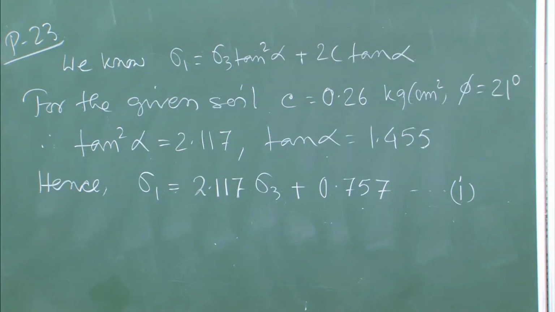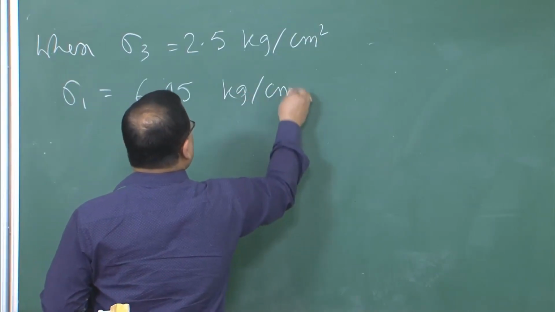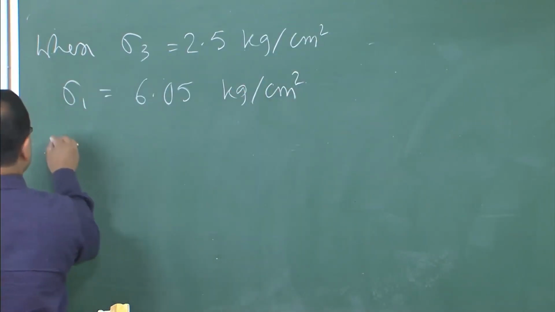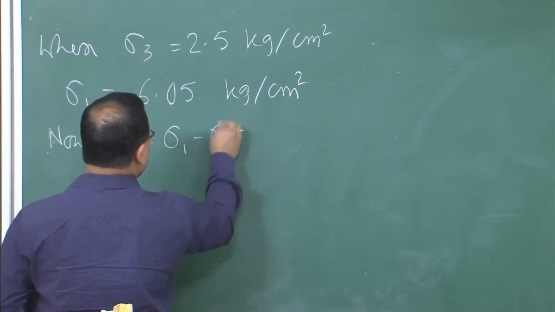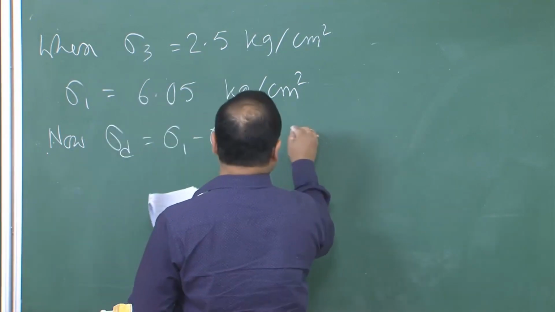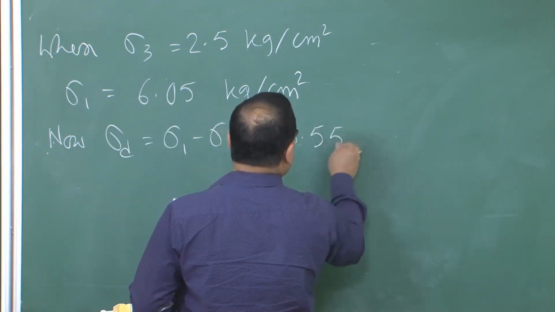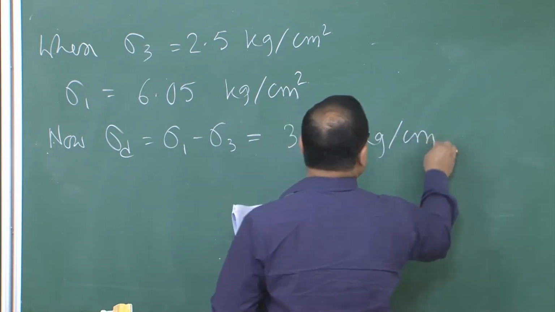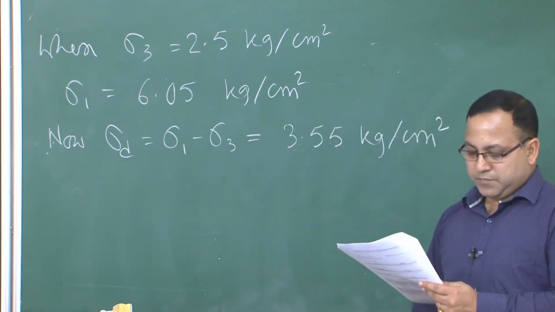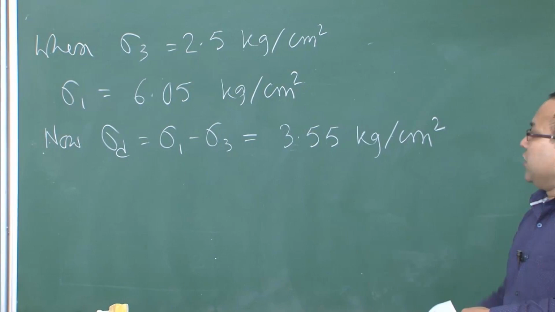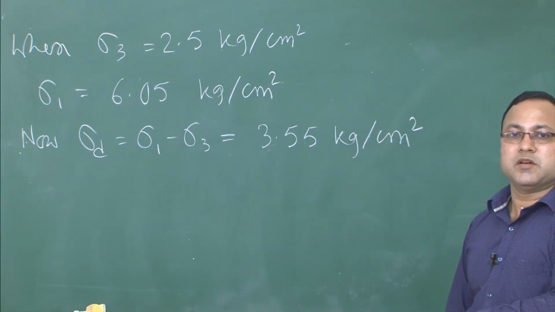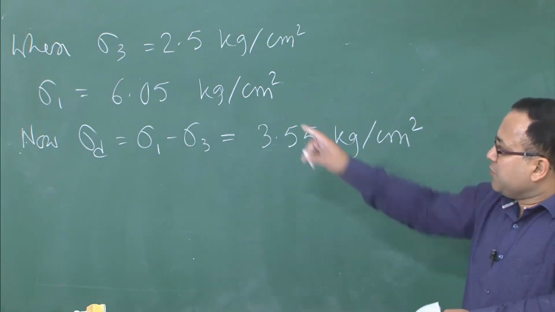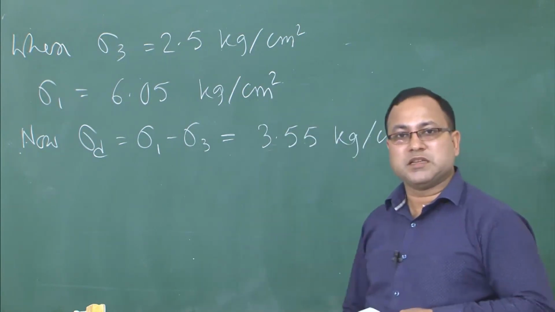Once I know sigma 1, the deviator stress sigma d is nothing but sigma 1 minus sigma 3, which gives me 3.55 kg per centimeter square. Hence the required deviator stress is 3.55 kg per centimeter square to get the failure with cell pressure 2.5 kg per centimeter square.